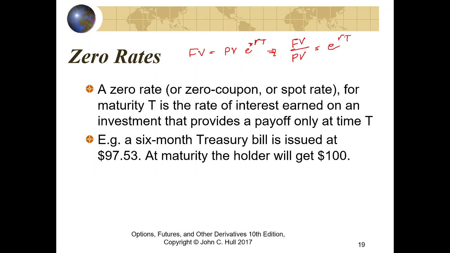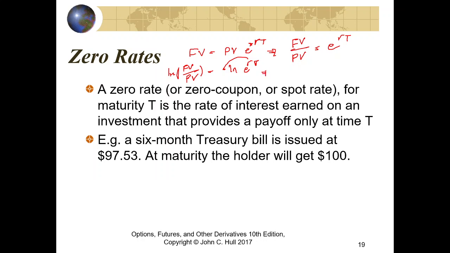So to get rid of this problem, I will take ln of both sides, which means ln of the future value divided by the present value is equal to ln of e to the power of rt. Now from basic math we know that if we take a logarithm of a number that is raised to a power, we can take this power out and multiply it by ln of e.